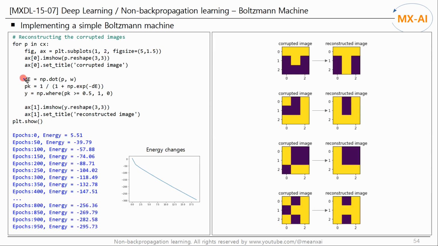We get the output of the network using the weights W and the probabilities p_k. The results are as follows. While updating the weights, the energy decreased as follows. And the corrupted images were successfully reconstructed as follows.